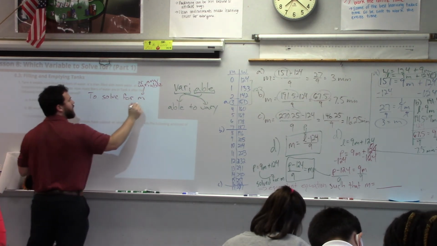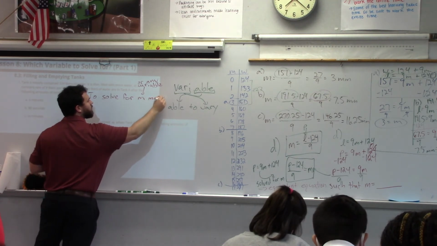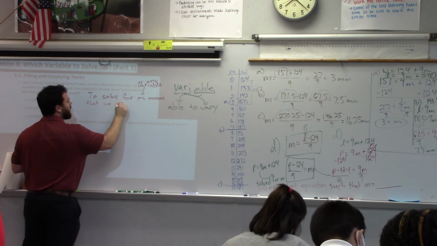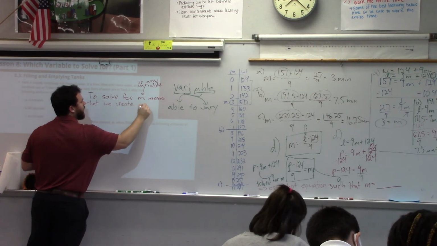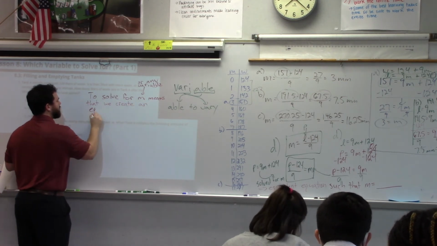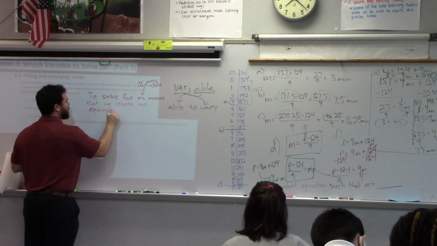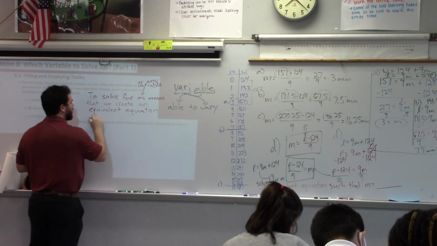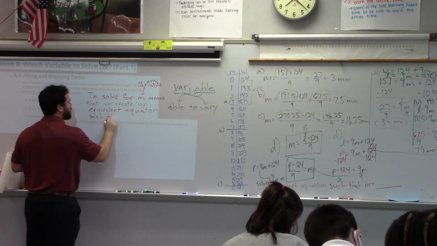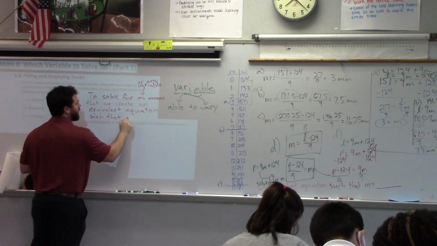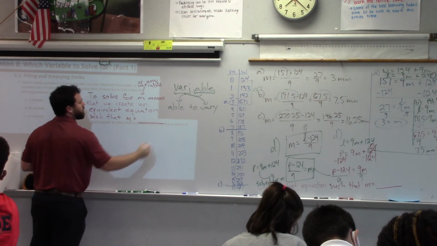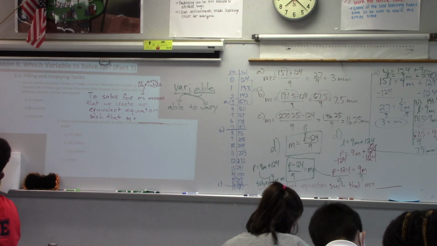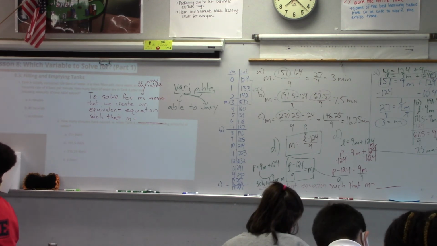Alright, so solve for M means that we create an equivalent equation such that M equals blank. Okay? And notice that works for any variable.